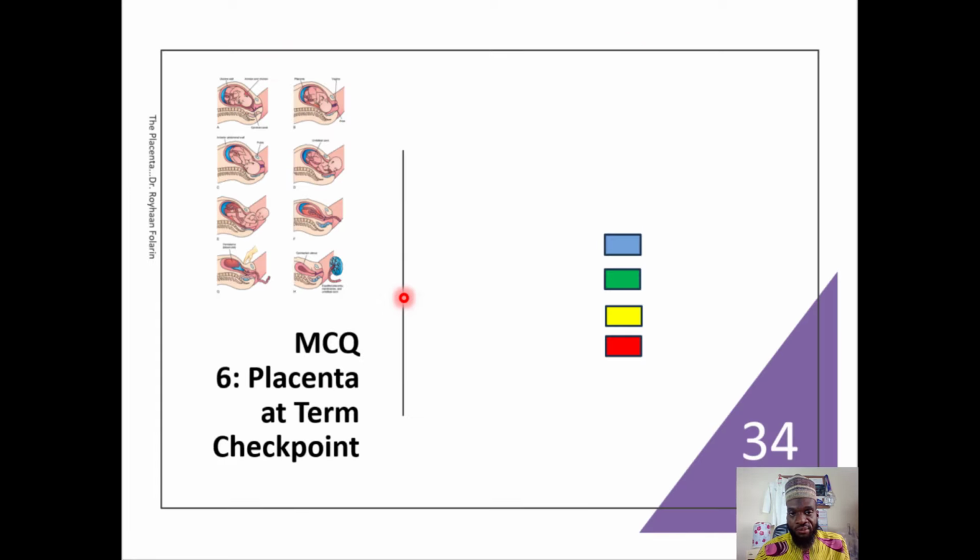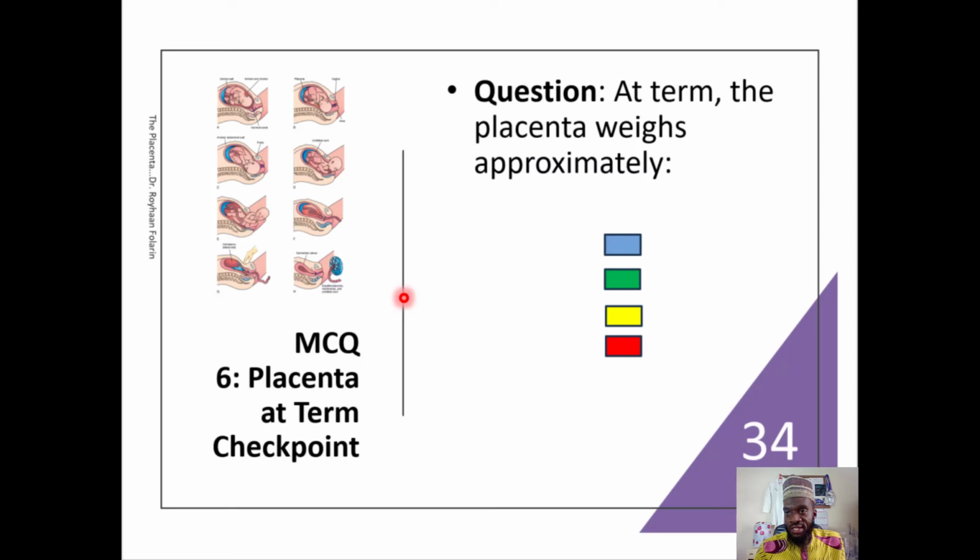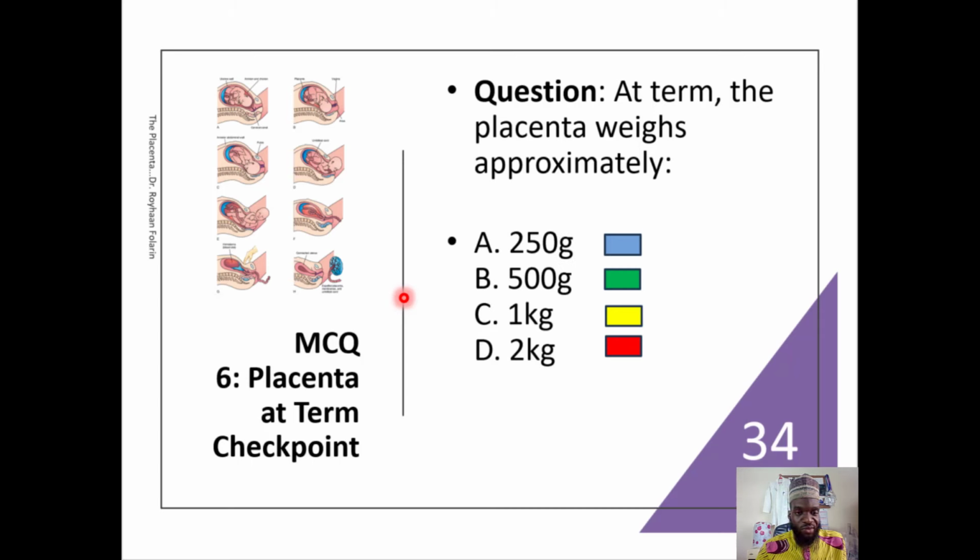So perhaps our last set of tests, our last set of questions. Do you have your cards ready? The question now is, at term, what's the approximate weight of the placenta? Is it 250 grams, 500 grams, 1 kilogram, or 2 kilograms?